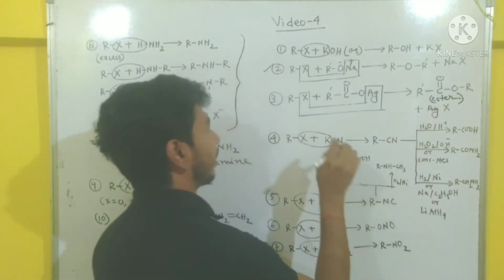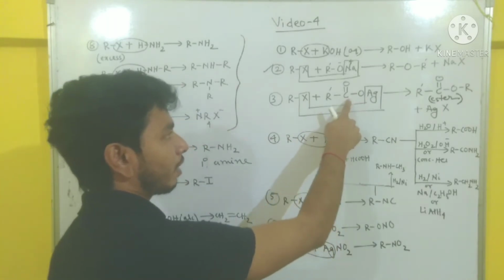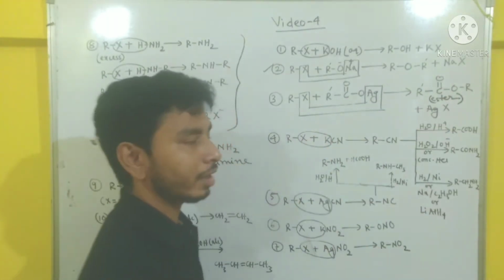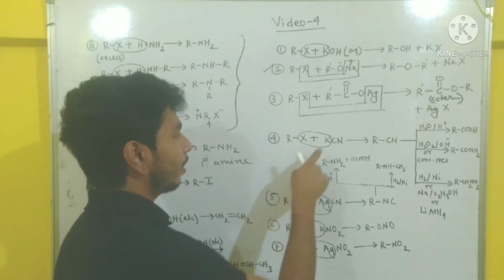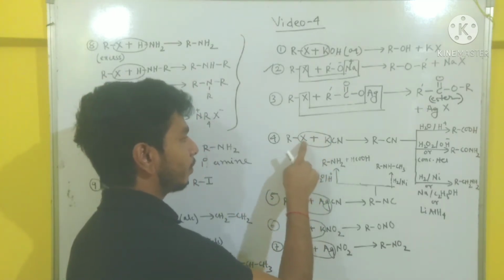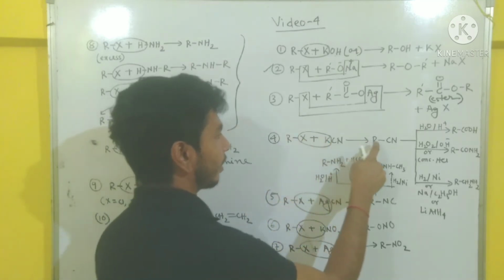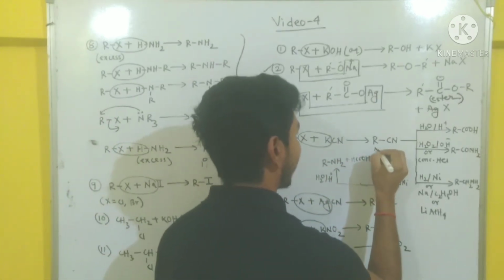With the silver salt of carboxylic acid, we are getting the ester. Fourth reaction is the reaction with KCN. KX is removed, so R and CN, we are getting RCN. This is called nitrile.